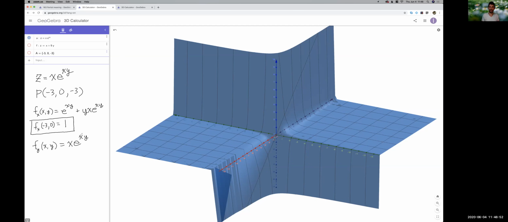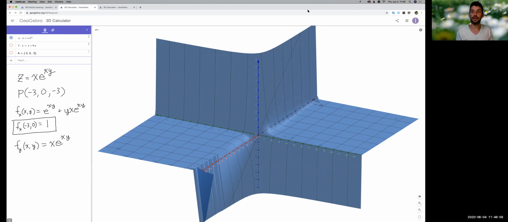Now I'm thinking of x as the constant, which means by the chain rule, the derivative of xy is x. I've already got an x out front, so I have an x squared, right? Now I evaluate it at the point -3, 0. So -3 squared is 9. I've got e to the -3 times 0, or 0, which is e to the 0, which is 1, so it's just 9. And so there are my two derivatives.